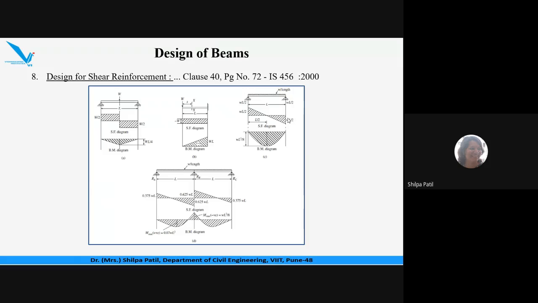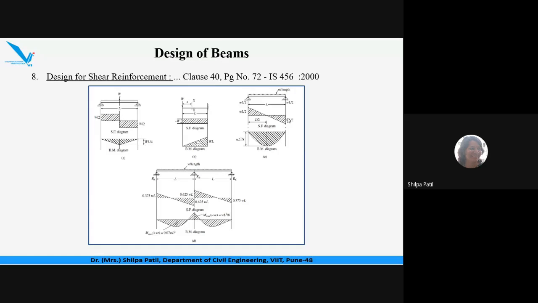Actually, I included these diagrams just to remind you that whenever we consider analysis of a beam or want to design the beam, we do not design it only for flexure, but we need to design it for shear also. Because whenever there is a bending moment acting on the beam, the shear force will also be acting on the beam. So though a beam is considered to be majorly designed for flexure, we have to design it for shear also.